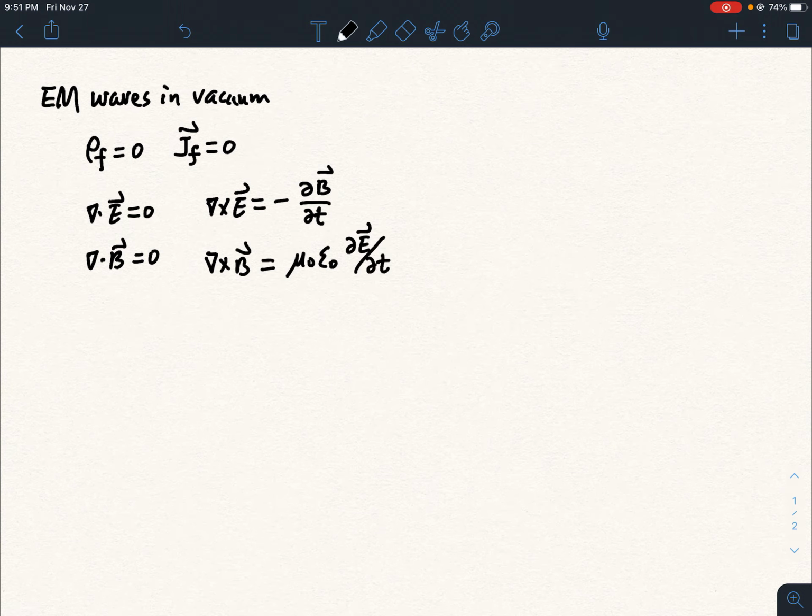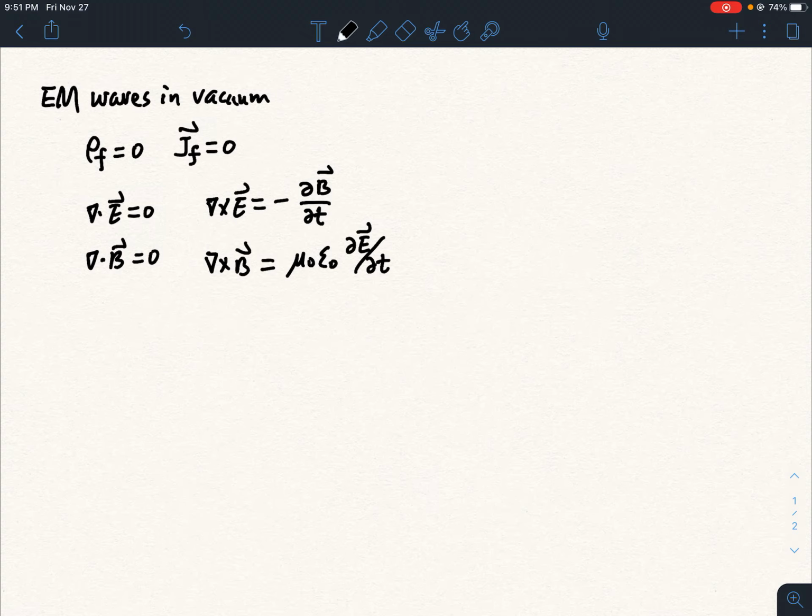These are the equations that the electric field E and the magnetic field B have to satisfy, and I will soon show you that these are really wave equations.